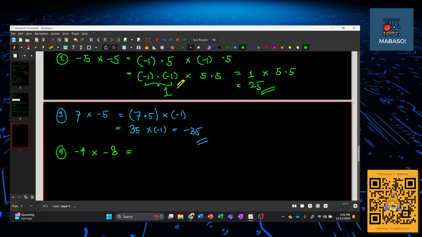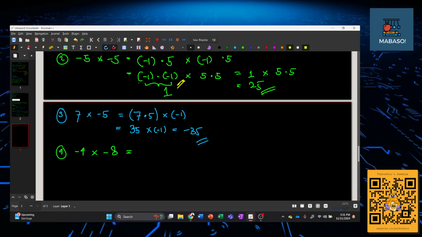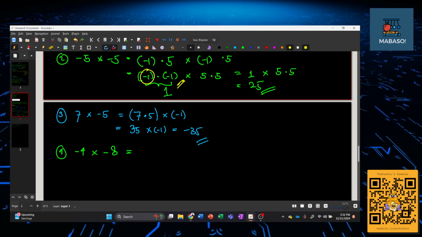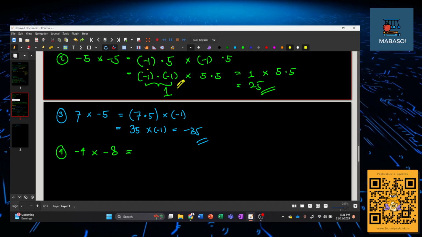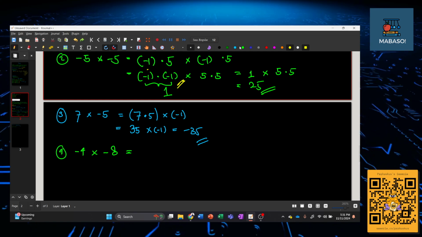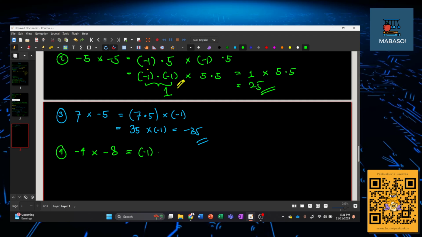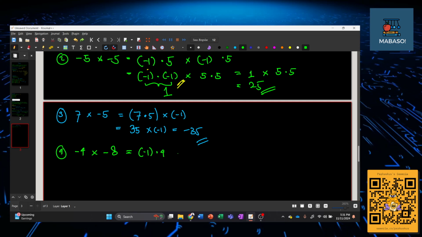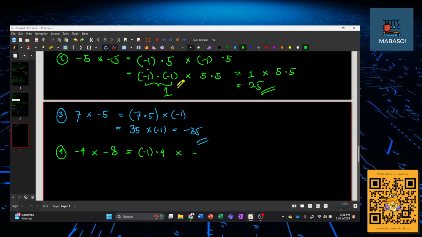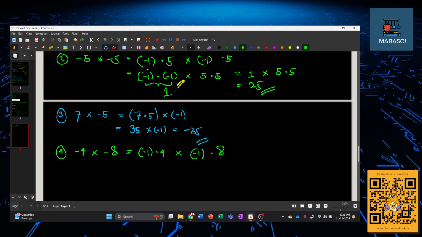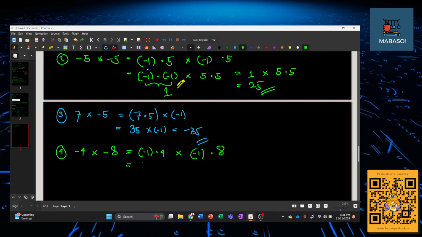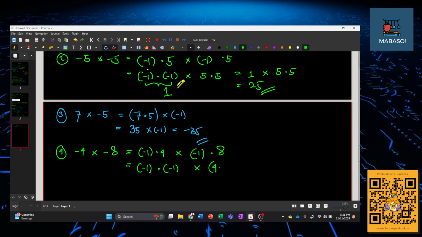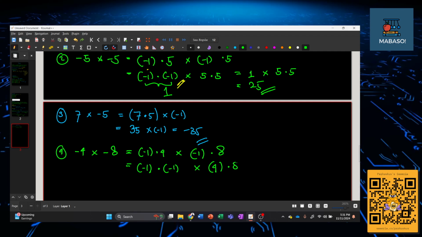Because of the principle. This is the same as writing minus 1 times 4, separating the minus from the 4, and then multiplying by minus 1 times 8. Of course, we can change the order of the multiplication: minus 1 times minus 1 times 4 times 8.